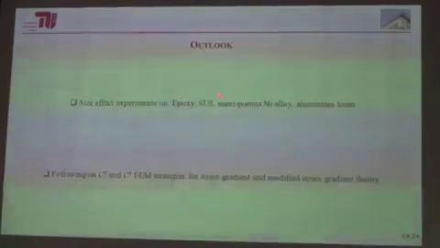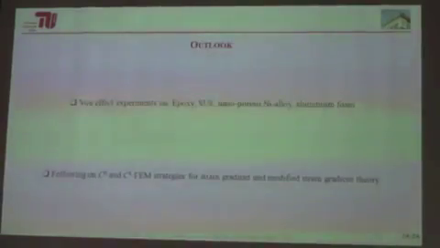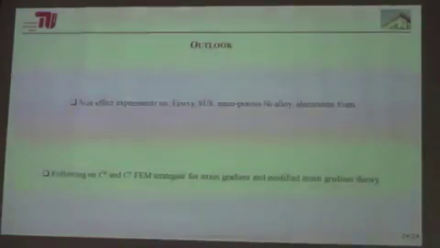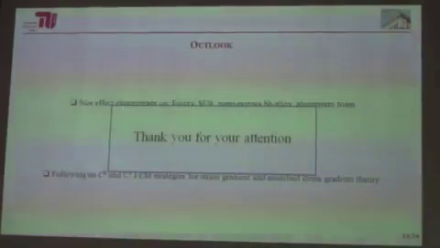And as SU8 is another polymer, I get a nanoporous nickel alloy, and I want to do it on aluminum foam. And of course I will follow the idea on the C0 or C1 FE strategies also for the full strain gradient or the modified strain gradient model. So with this I say thank you for your attention.